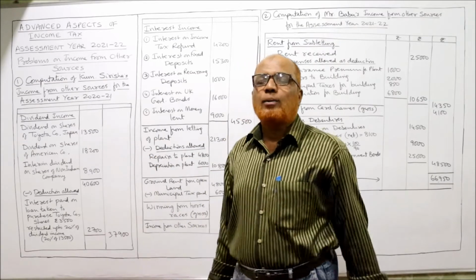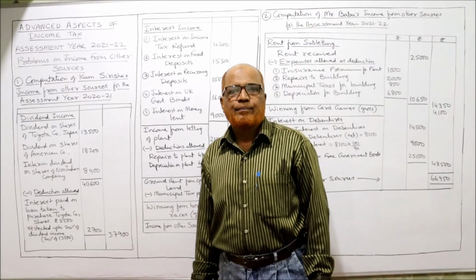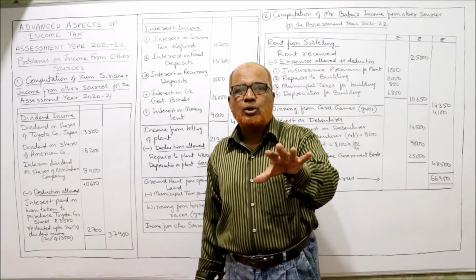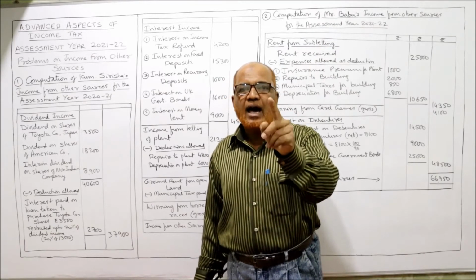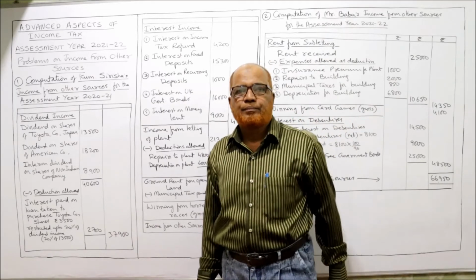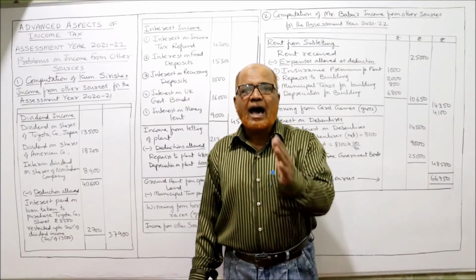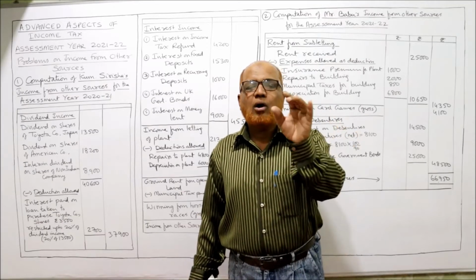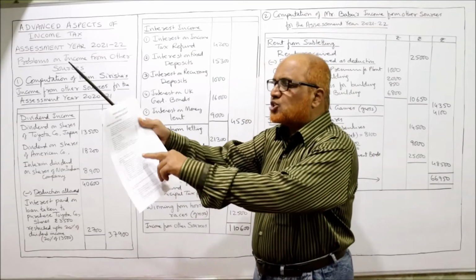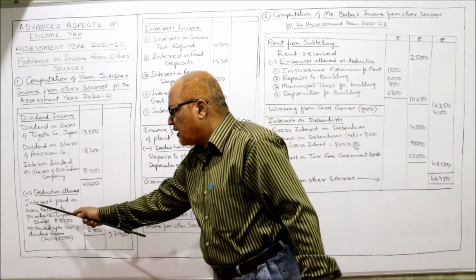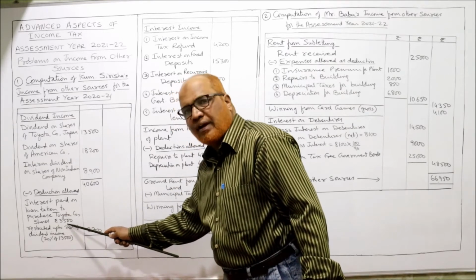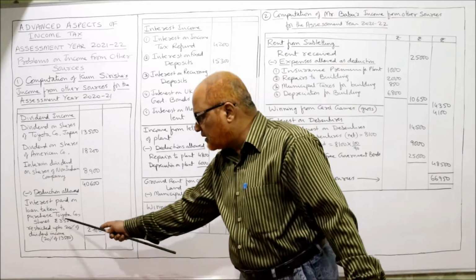But according to the provisions of the Income Tax Act, the interest paid on loan taken will be allowed as deduction to the least of the following two: actual interest paid or 20% of dividend income, whichever is less. Here actual interest paid is 3,500.